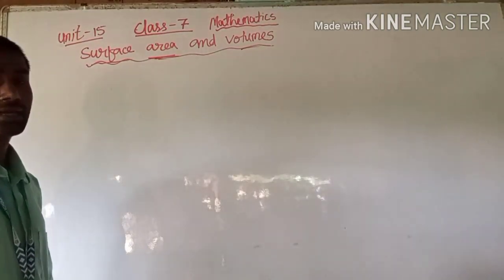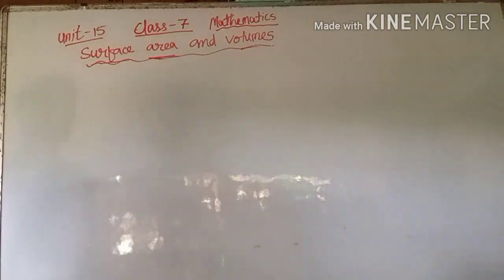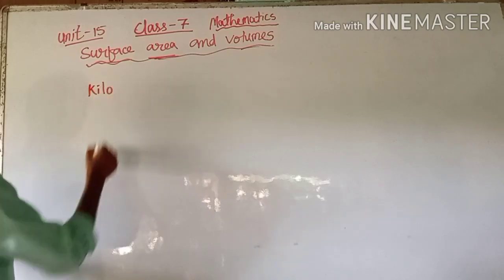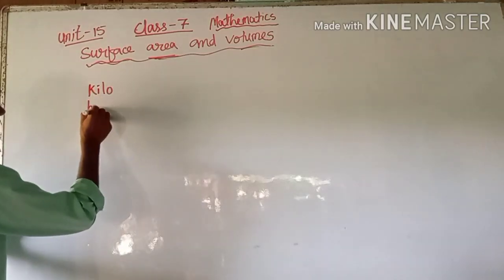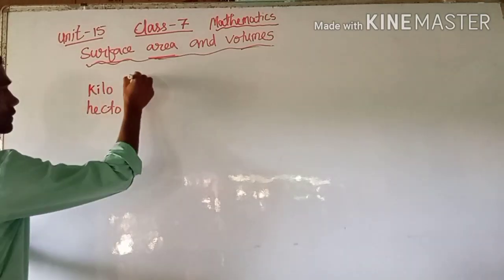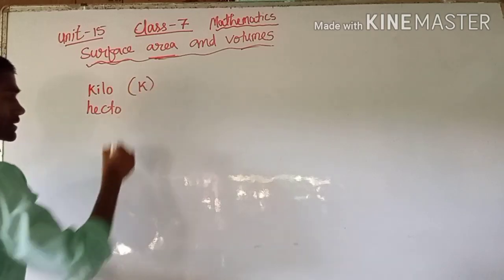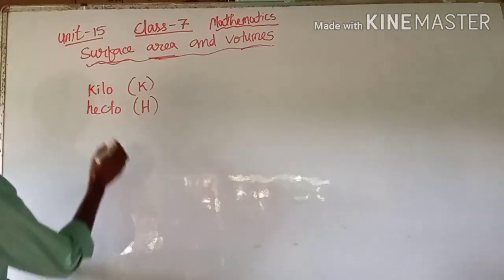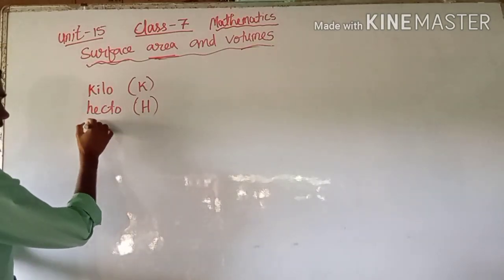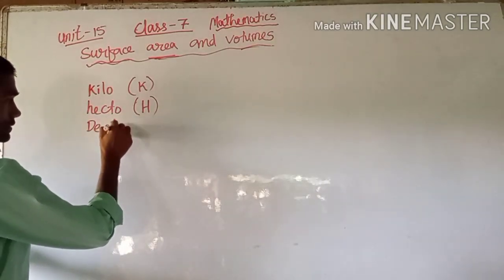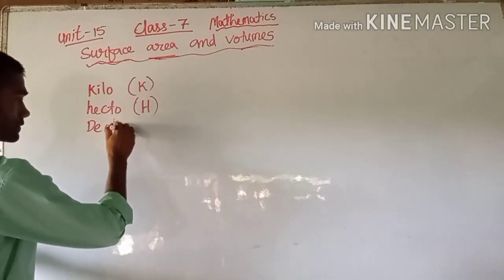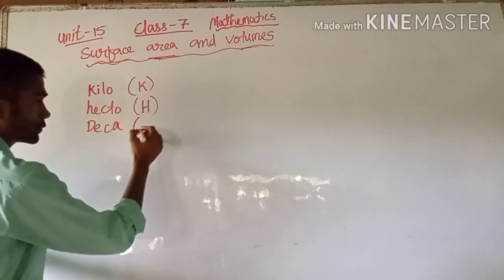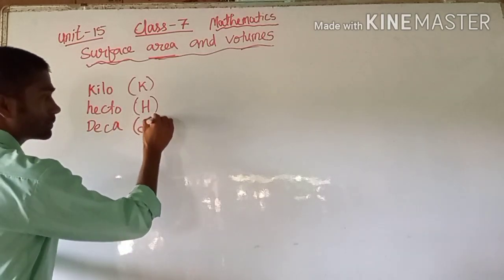The units that we use mainly here are kilo, hecto. For kilo we use the letter K, for hecto we use the letter H, and next is deca. The prefix we use here, that means the letter that we use for it, is DA.